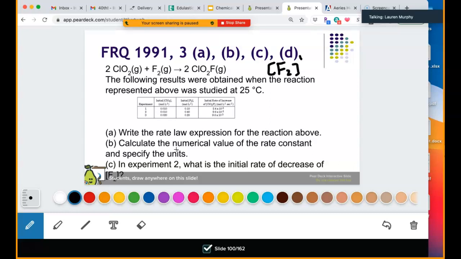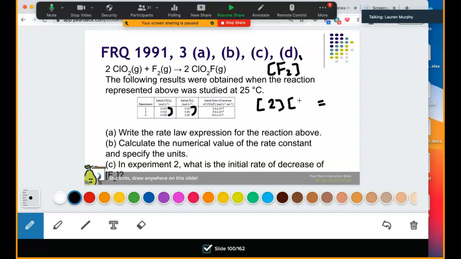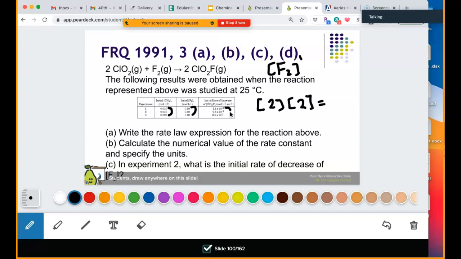If you know it's first order, you can plug that in if you were to write a rate equation. For example, between experiments 1 and 2, the concentration is doubling. Now, this would be a good time to use the long way, because you can do it conceptually. If the concentration of ClO2 is doubling, but the concentration of F2 is also doubling, what is the rate doing? 2.4 to 9.6.